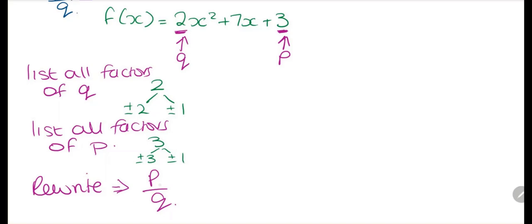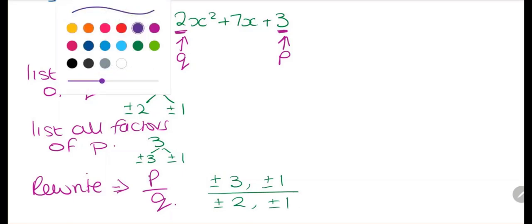And rewriting them as p divided by q, so all our p values, plus or minus 3 and plus or minus 1, are going to be divided by plus or minus 2 and plus or minus 1. So we just need to write all the possible combinations.